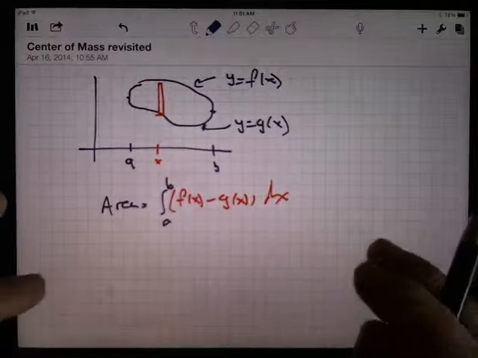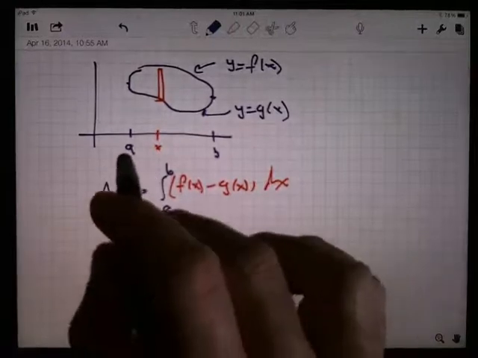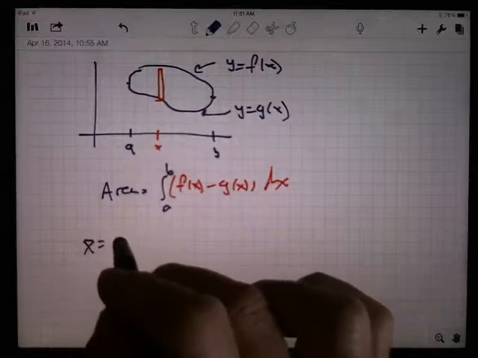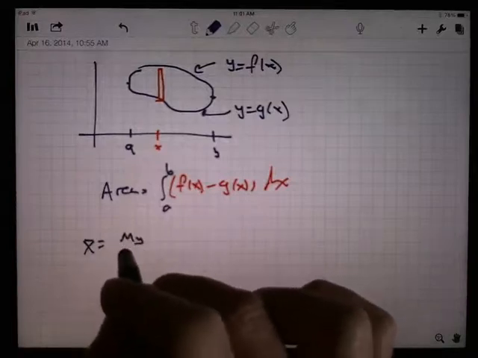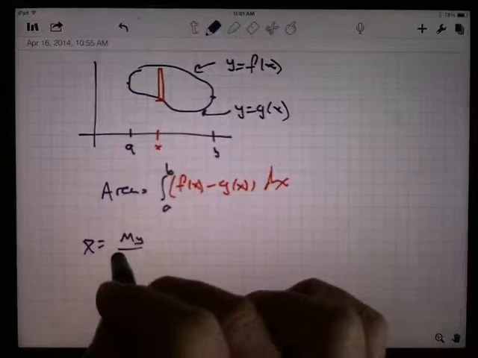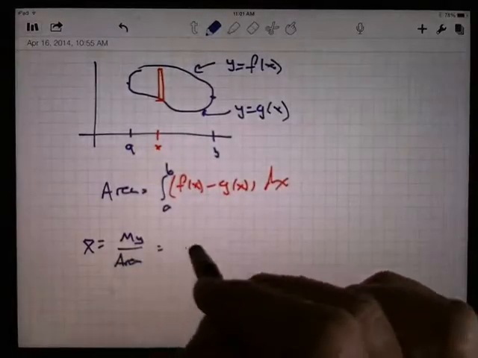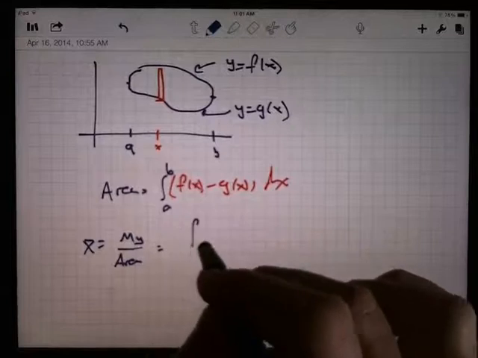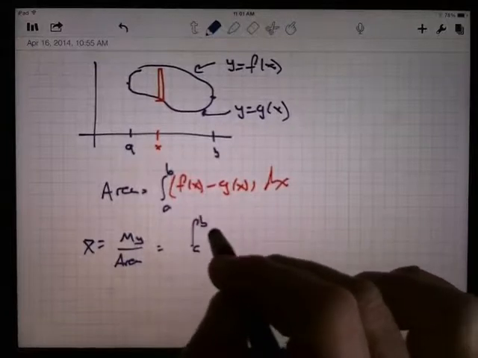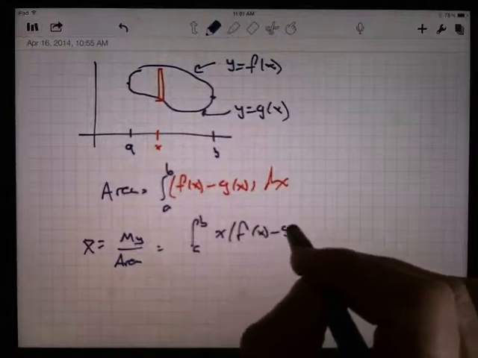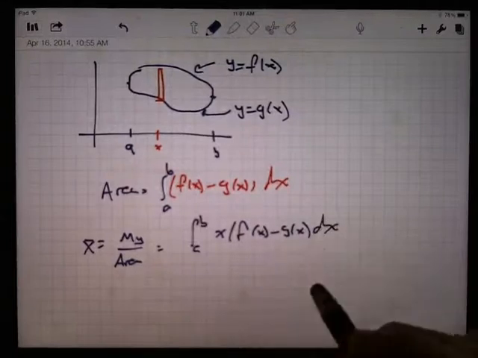And then to calculate the moment, let's calculate x bar. So x bar is what we call the moment from the y-axis divided by the area, which we did as just this: the integral from a to b of x times f of x minus g of x dx, right?